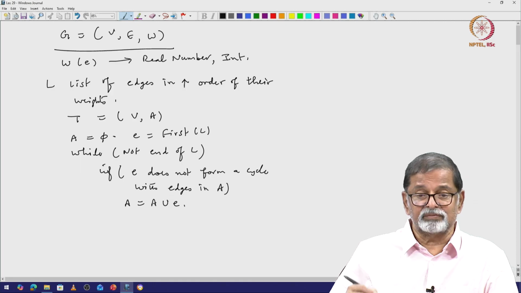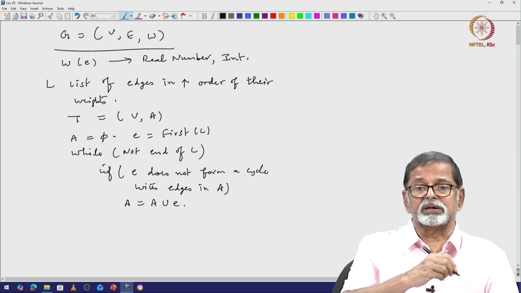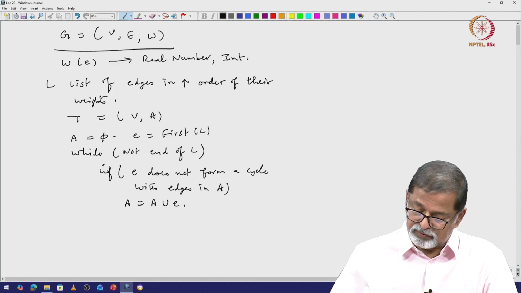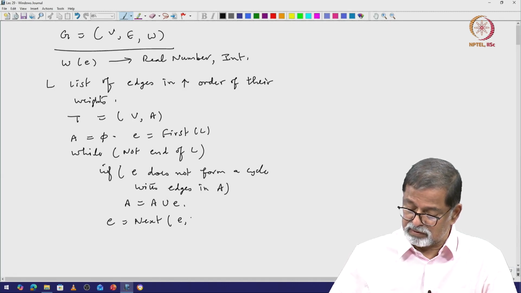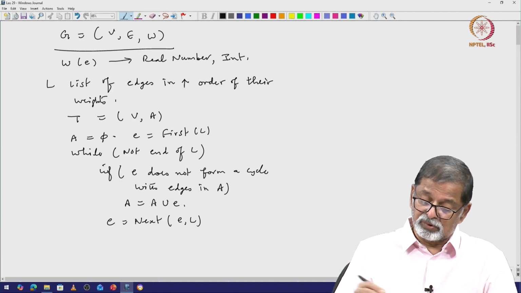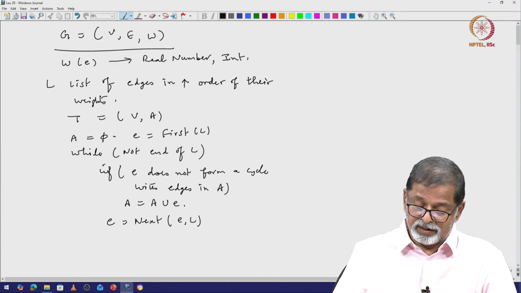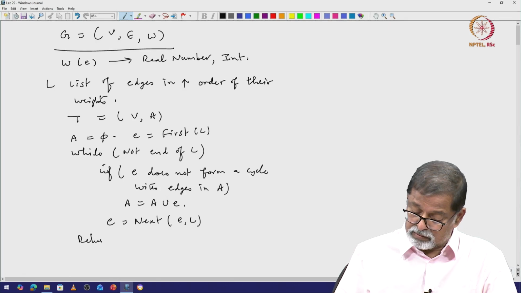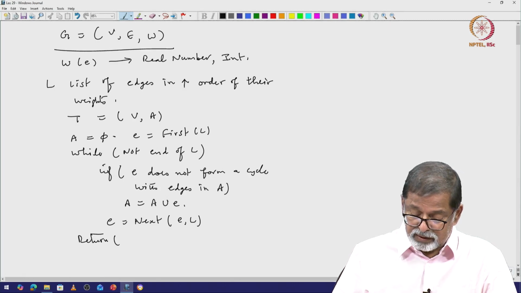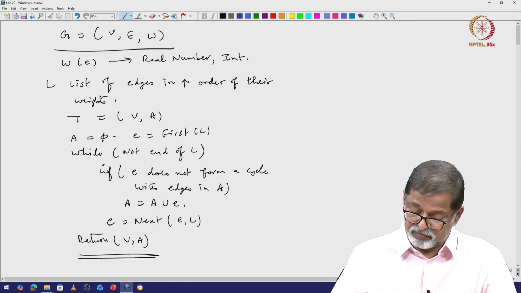If it does not form a cycle, we include it. So either we include or ignore, and then proceed to the next edge, E equal to the next edge in the list. We do this while not end of L, and then we return T, which is vertex set V and edge set A.